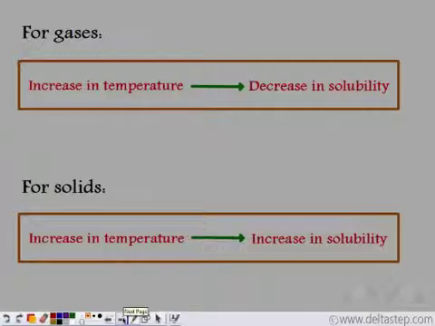In solids, as we increase the temperature of the solvent, there is greater space for the solute or the solid particles to be dissolved. So for solid particles, the solubility increases with the increase in temperature, but for gases, it is the opposite. With the increase in temperature, the solubility of gases decreases.